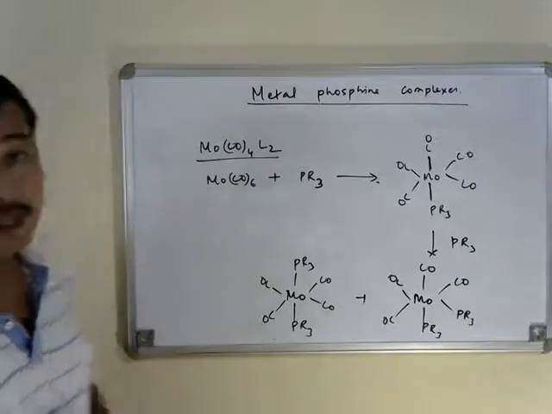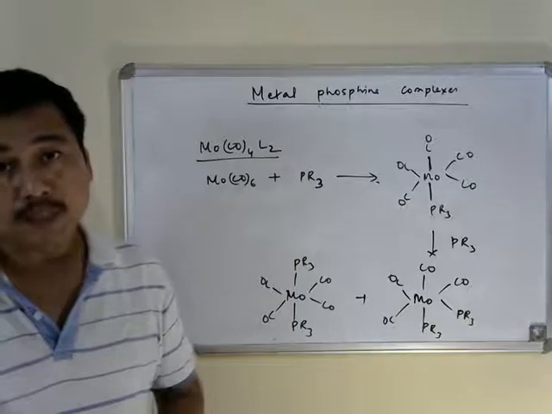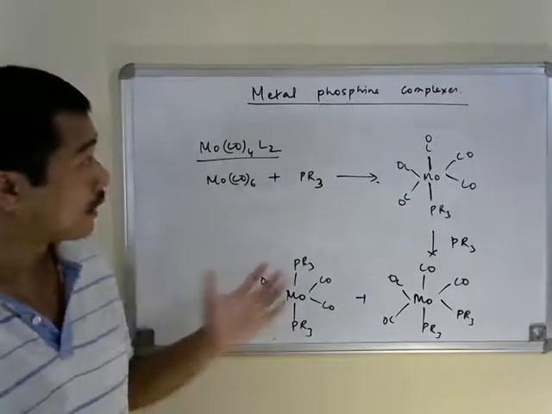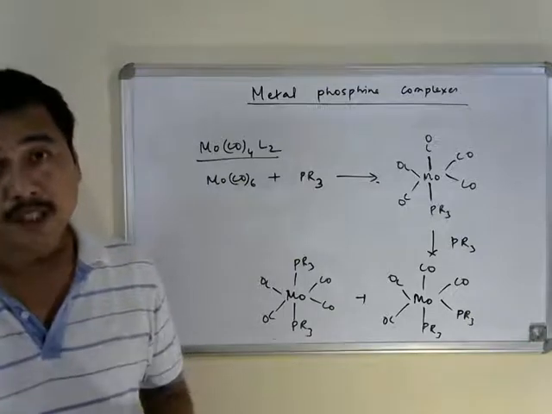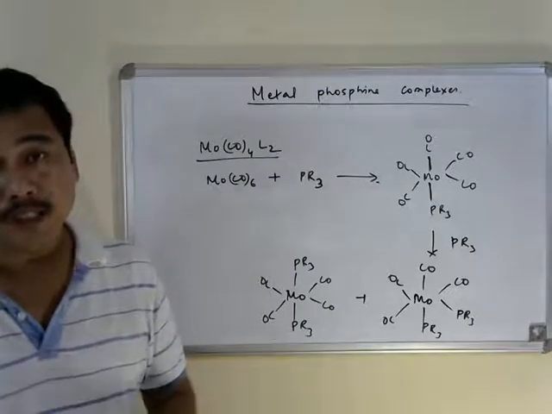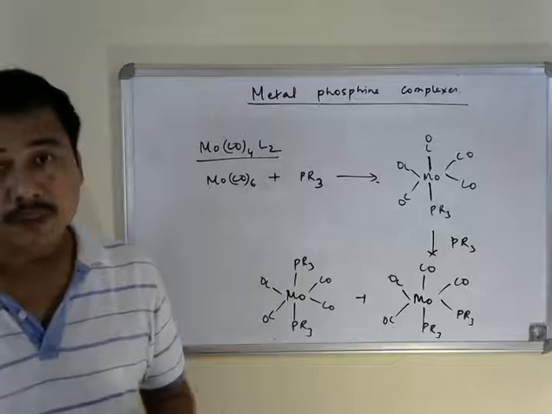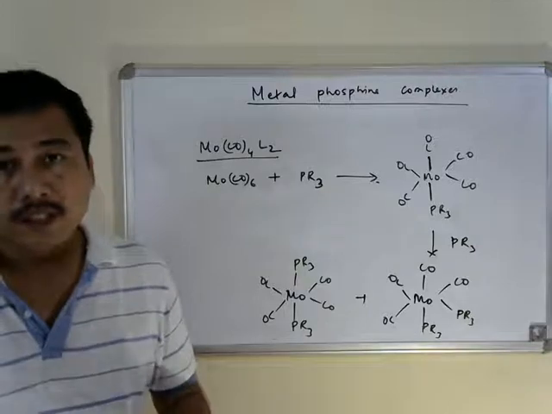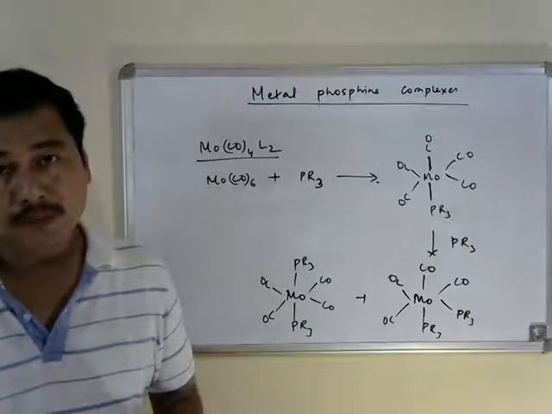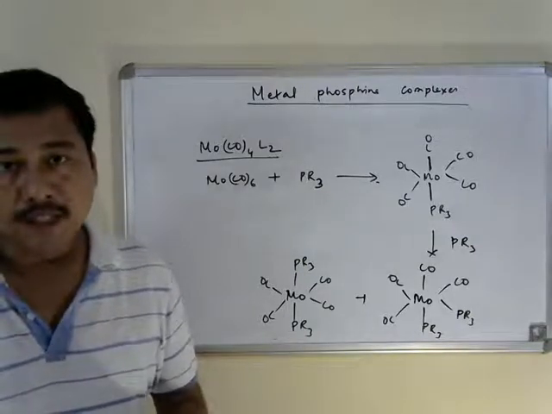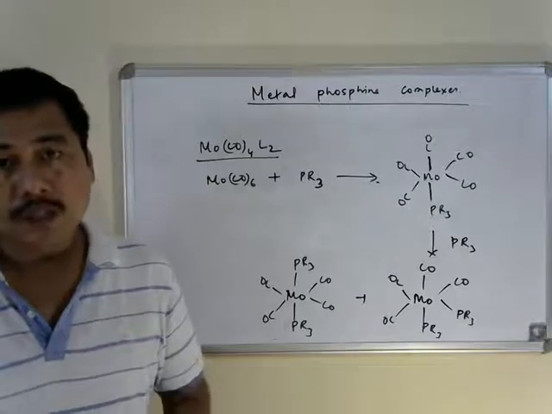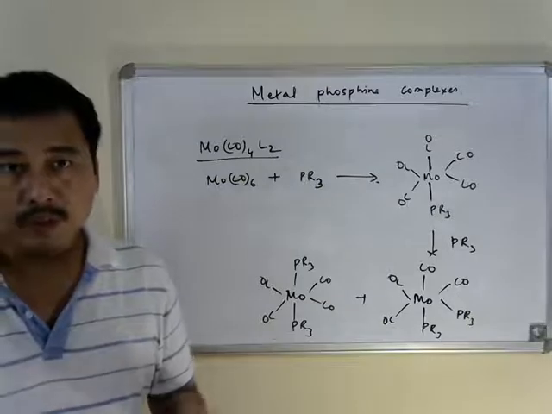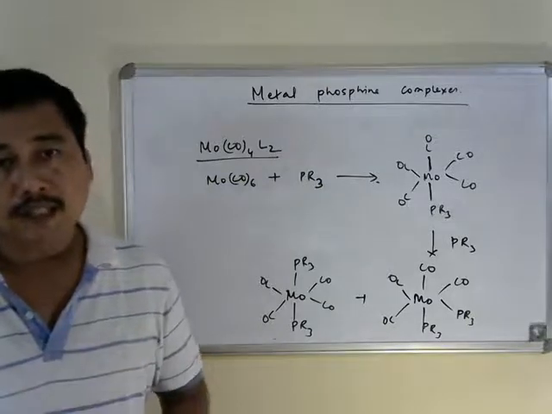We have also discussed the measure of steric bulkiness in metal phosphine complexes, and we have seen the Tolman cone angle and how it can be used as a measure to discuss the reactivity of these metal phosphine complexes. In some cases, when we have a bulkier phosphine ligand, we are unable to isolate 18 valence electron complexes because it is not possible to accommodate too many bulky ligands next to the metal center.